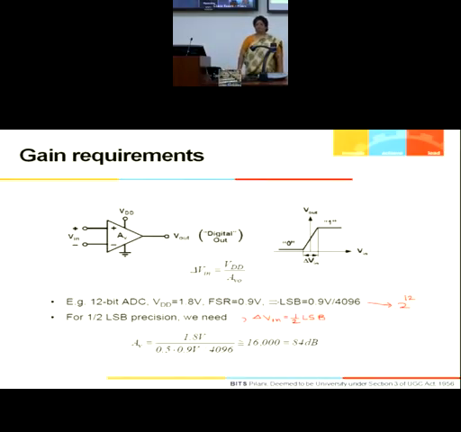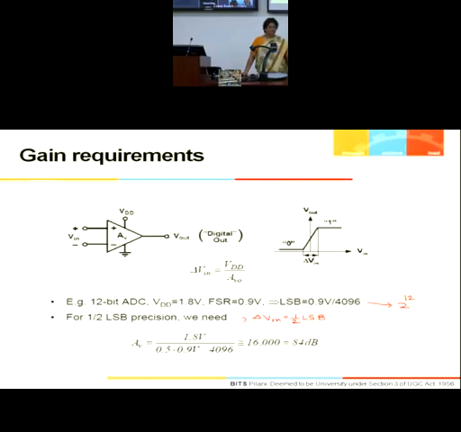I am assuming a single pole transfer function. What should be the UGB, unity gain bandwidth? It would be gain times 3 dB. For a single pole response, it is gain times 3 dB. So gain is 84 dB. 3 dB is known to me.